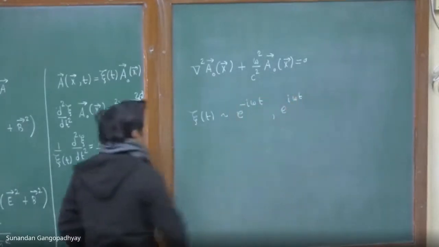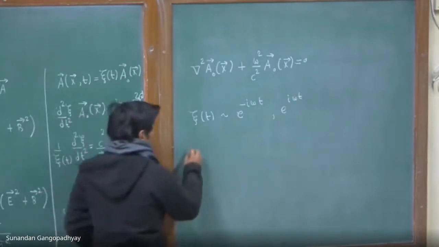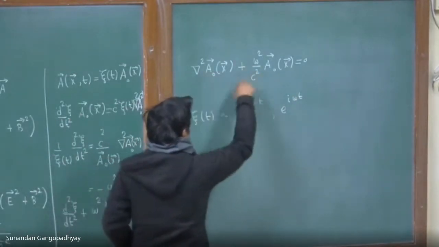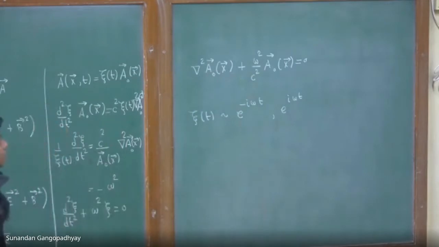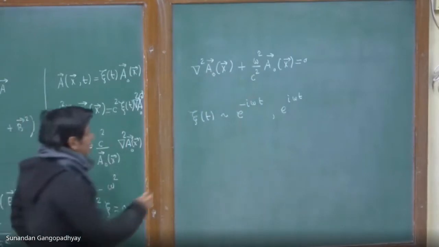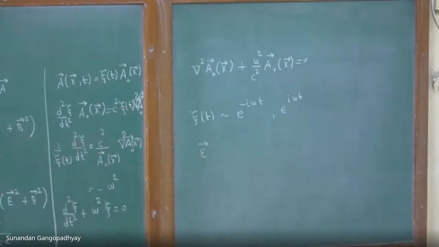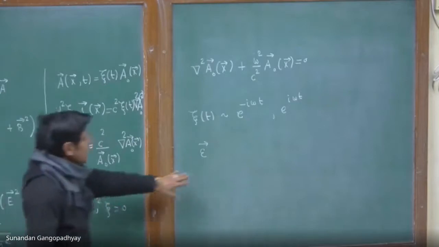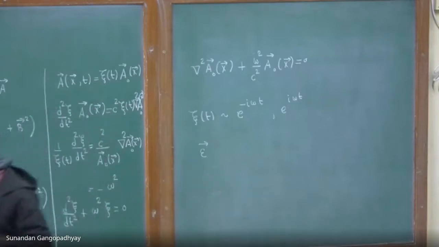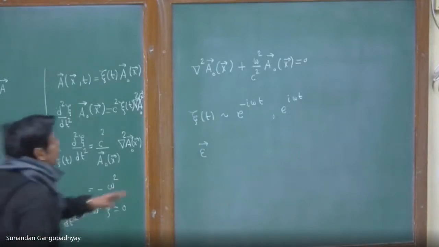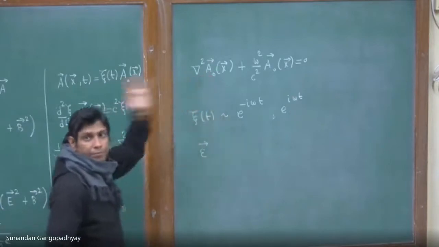So this is what ψ(t) is, and if you assume that your electromagnetic wave is basically a wave with polarization ε vector, it is basically a vector in the direction of the A vector. So it is a vector which is proportional to this A₀ vector.